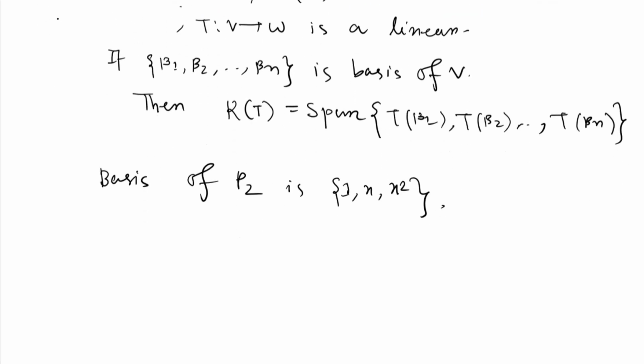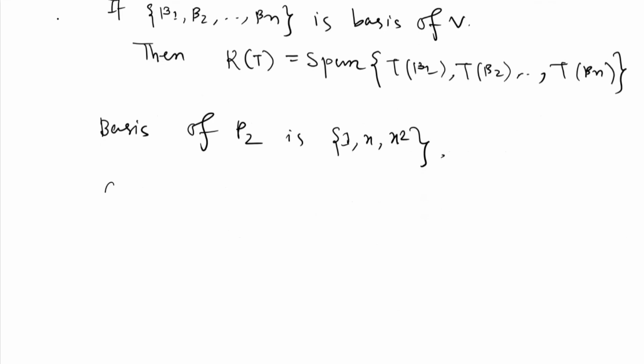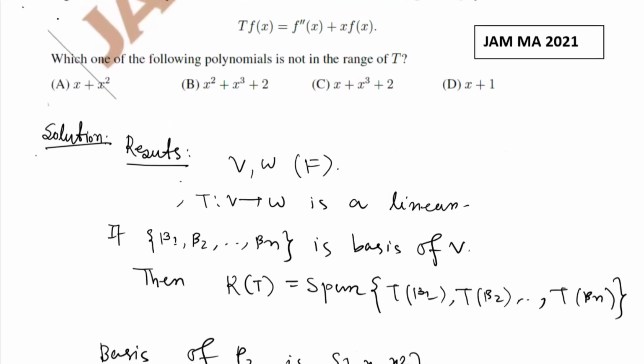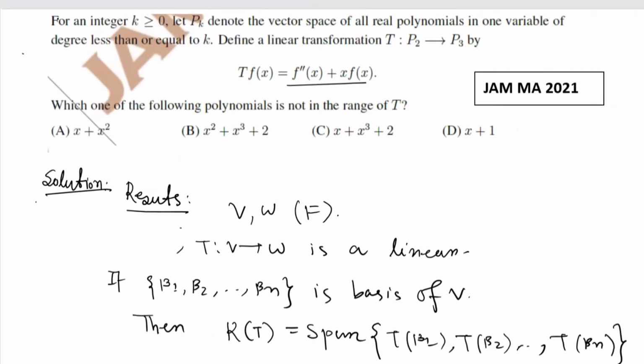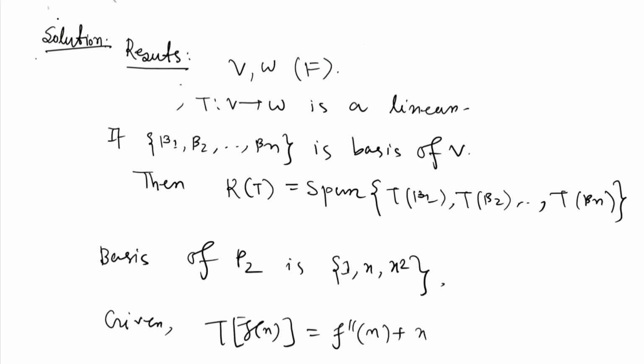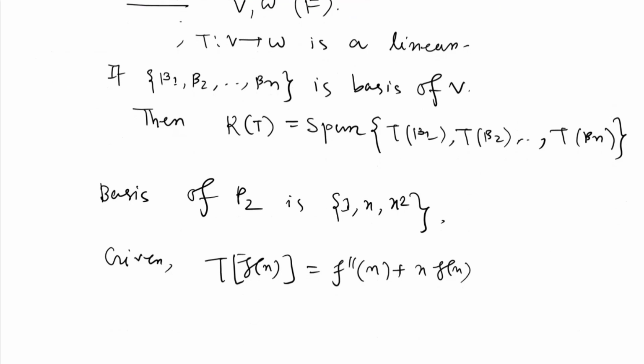Here, T of f of x maps to f double dash plus x f of x. So T of 1 is equal to 0 plus x, which is equal to x.